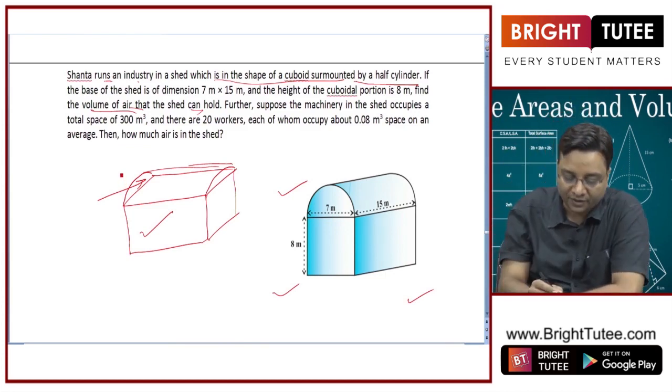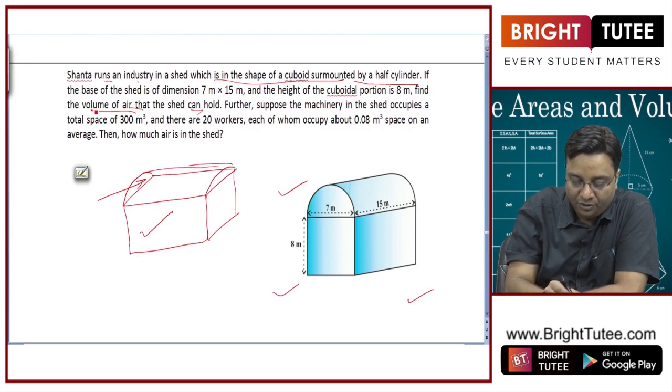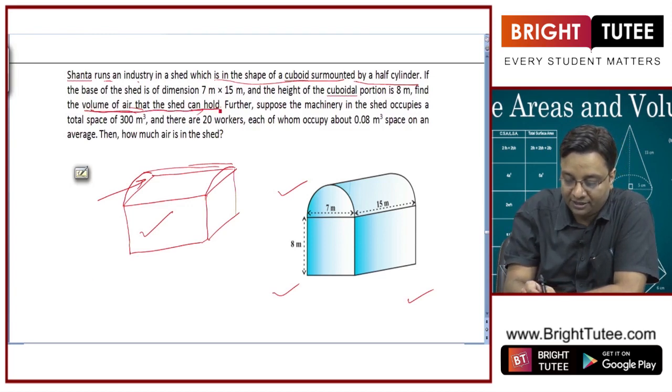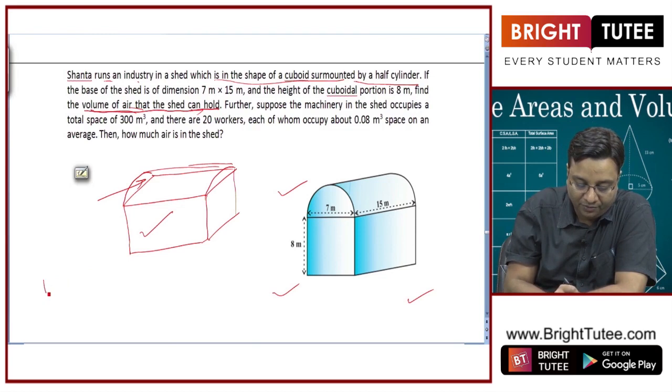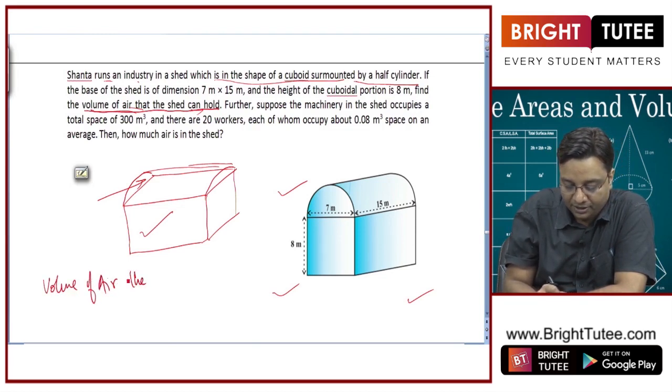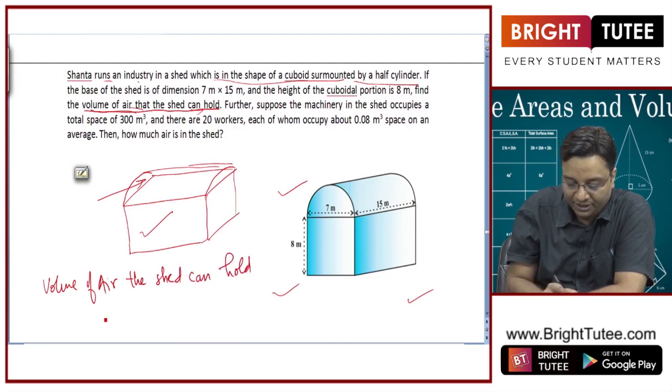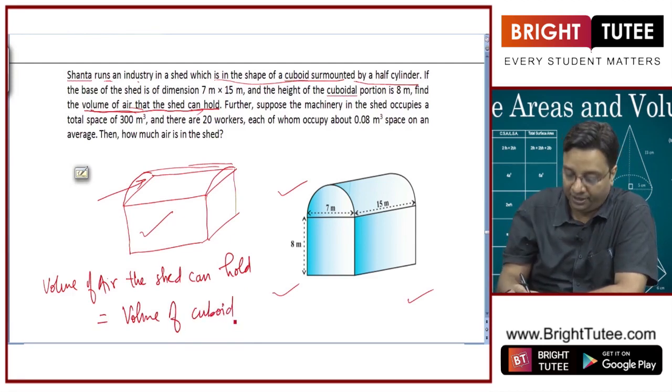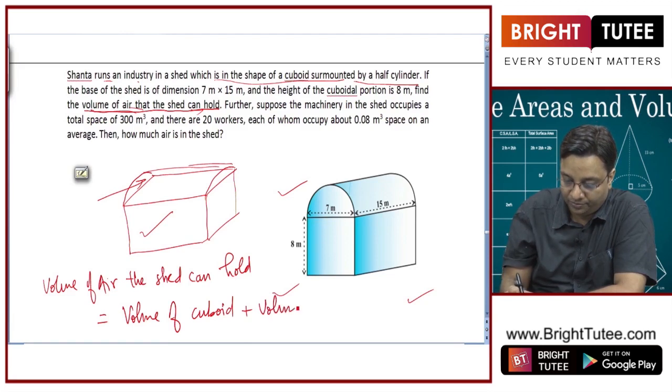So for this question, the volume of air the shed can hold is equal to the volume of cuboid plus the volume of half cylinder.